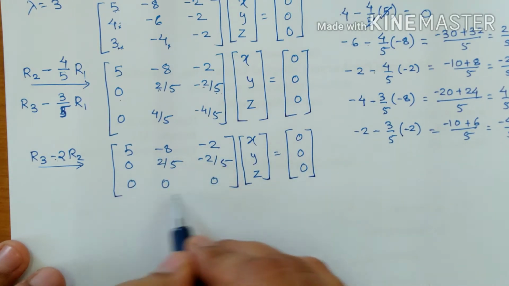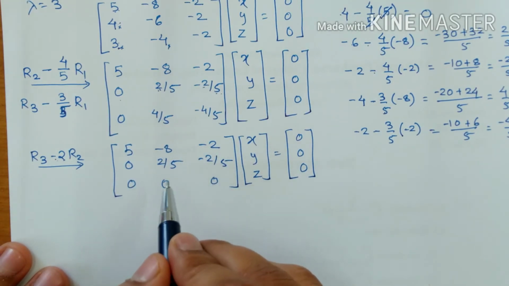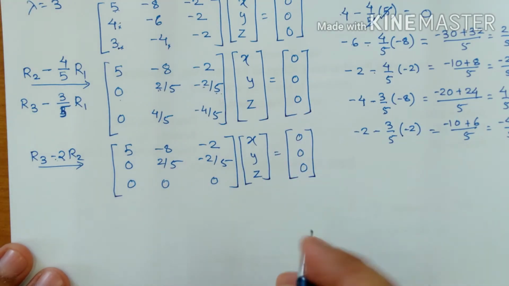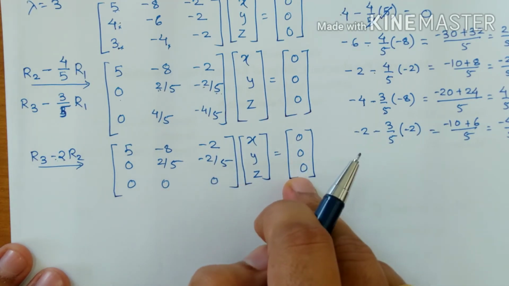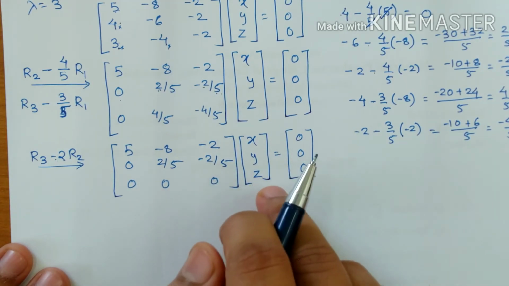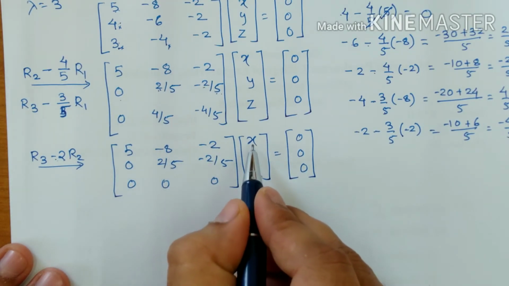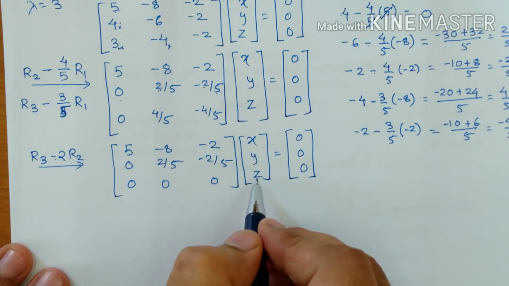If the rank of A is equal to the number of unknowns, in case of a homogeneous system, then we get only a trivial solution.